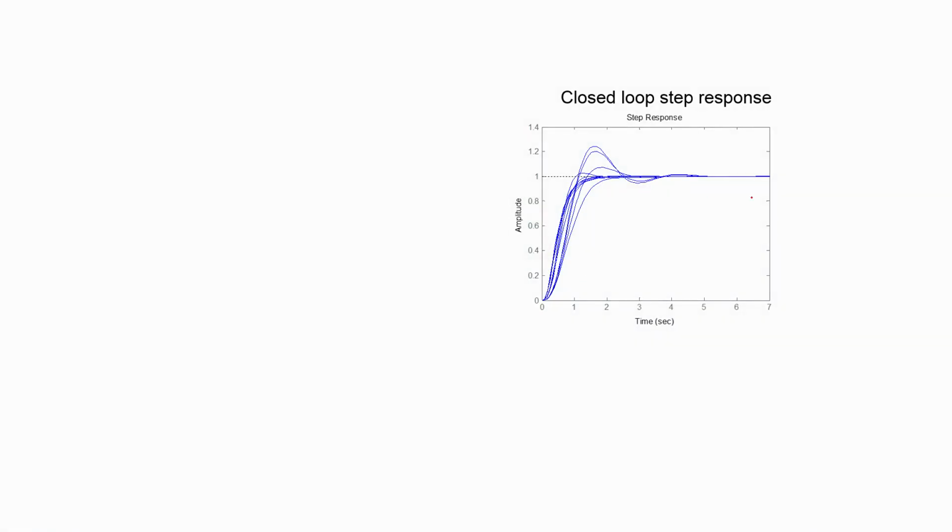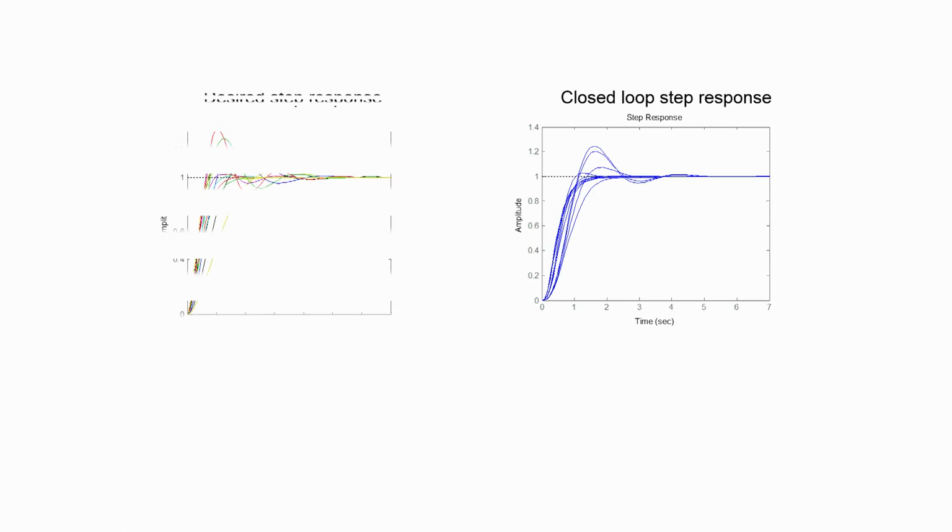So having completed the design, it is only prudent to check for the performance of the overall control system in the time domain. So I have plotted here the closed loop step response of the overall system for different combinations of the plant's gain and pole locations, and we see that we have considerably greater spread in the response than what we could achieve using the root locus.